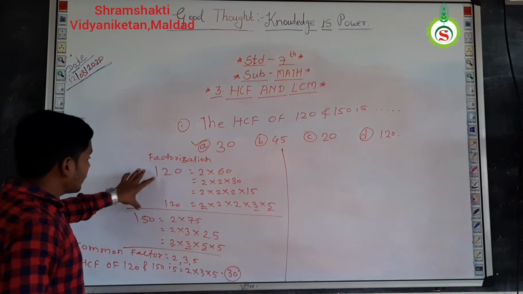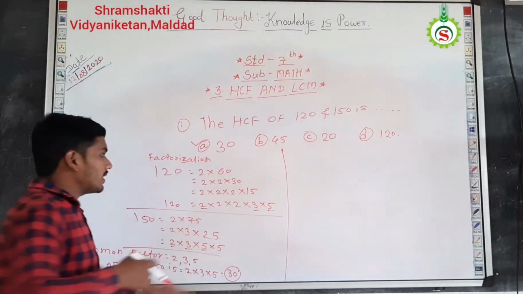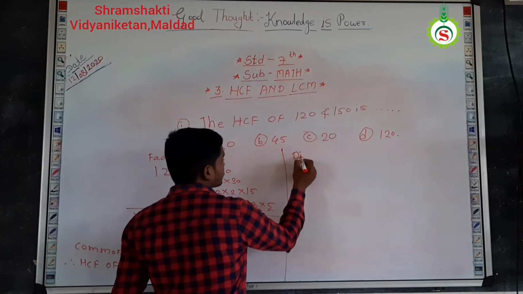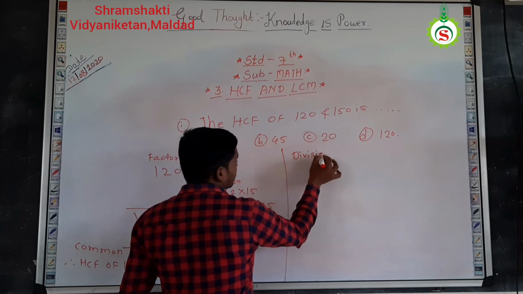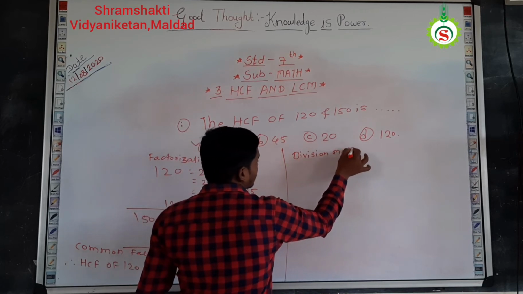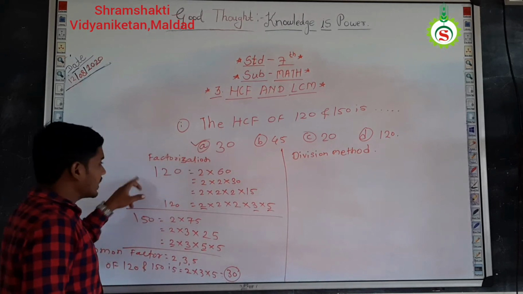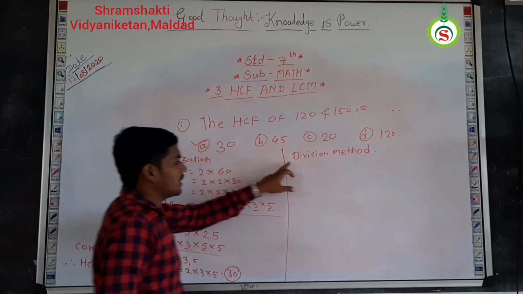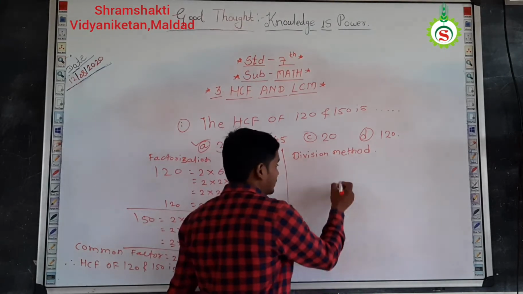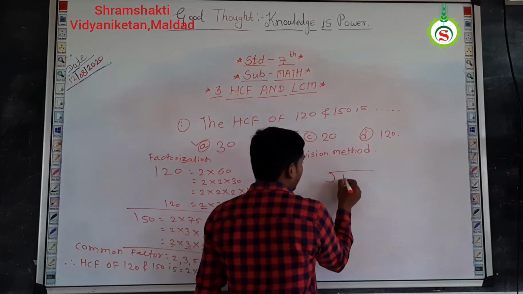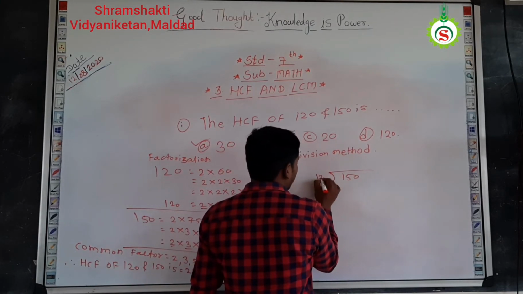Now the same example we will again solve by the division method. We have found the HCF by factorization. Now we will find the HCF by the division method. In the division method, what do I have to do? The larger number I have to divide by the smaller number.